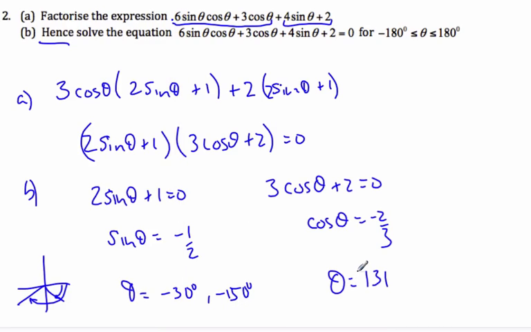It will be positive, because I know I'm looking for this value here, which is 131 positive. But I'm also going to be looking for this one down here, because that's where cosine is negative. So positive 131 and negative 131 give me the 2 values that I need for that.